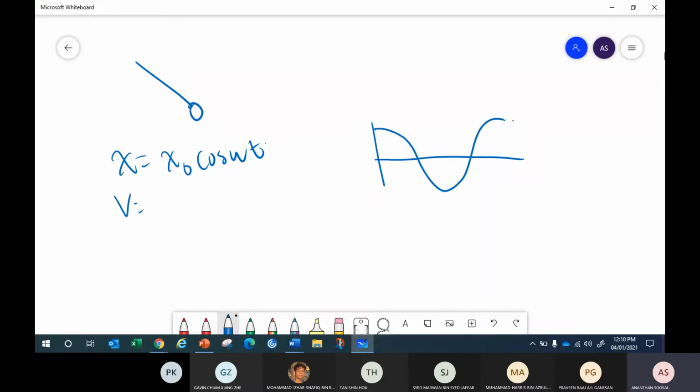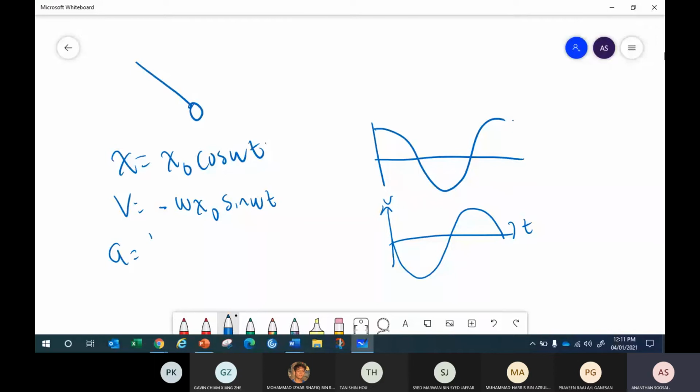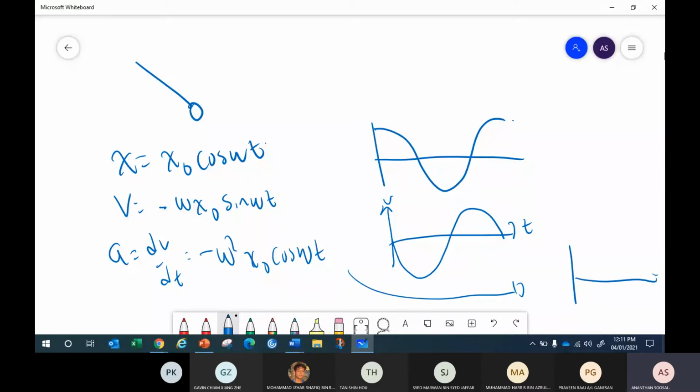Then velocity: we differentiate this and get negative omega x naught sine omega t, so it's a negative sine graph for v versus time. Then for acceleration, we do dv dt, so you get negative omega squared x naught cos omega t. So you get the third graph for acceleration, which is a negative cos.